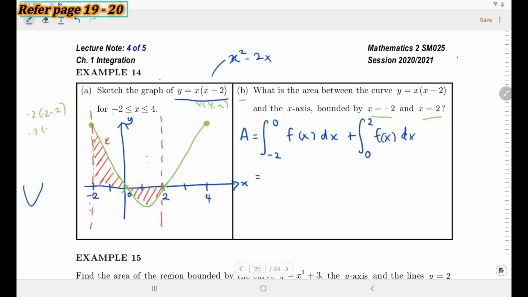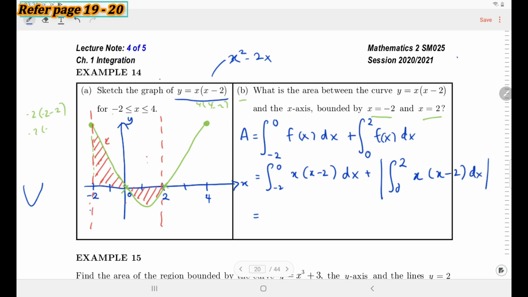So now we put the function for -2 to 0. The function is x minus 2 dx, plus, so we put modulus here, as I said, it will be negative because it is below the x-axis, so the function is x minus 2 dx.